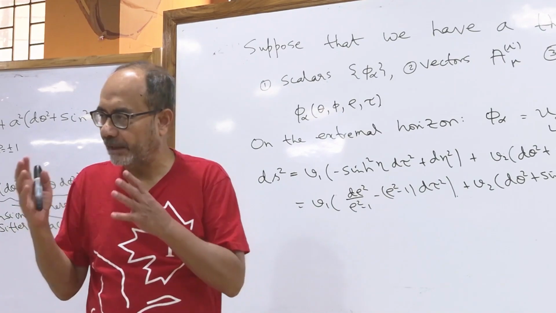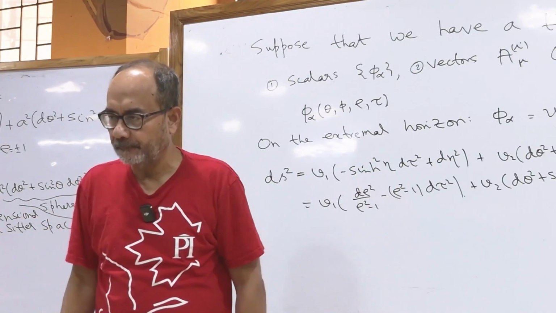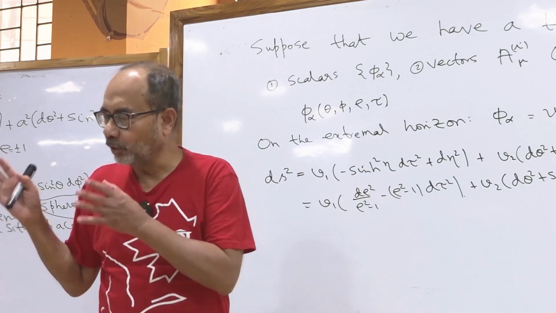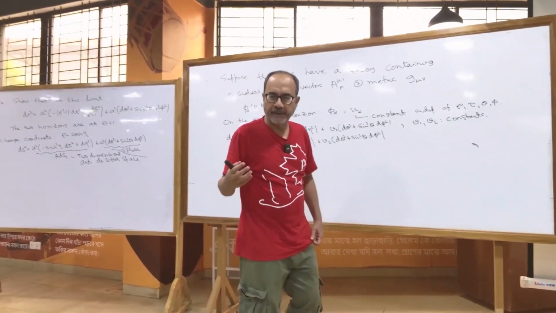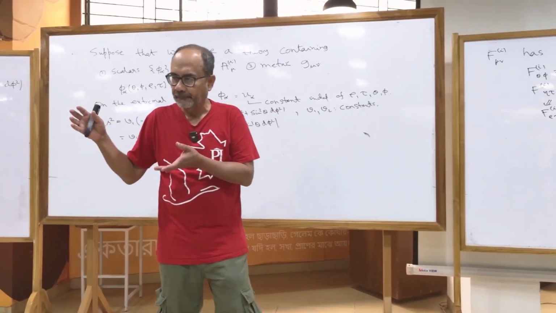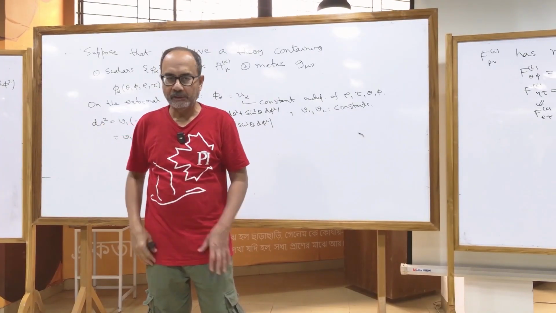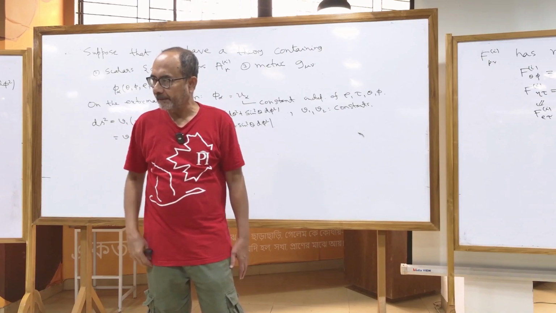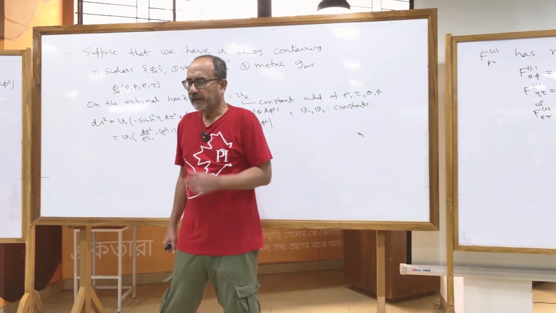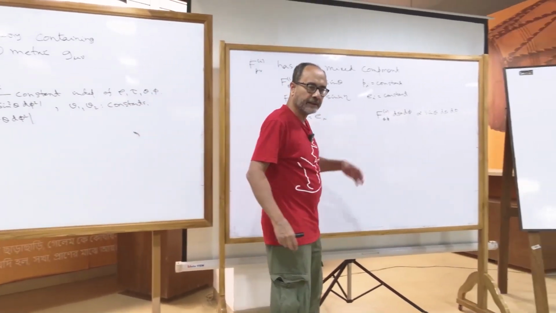That 1 minus A over R, 1 minus B over R, you got by solving the Einstein equation. So that we don't have to do in this case. In fact, once you have scalars, the problem is much more complicated because you have to not only solve Einstein's equation, but the scalar field equations also give some equation that you have to solve. And the scalars may have a different radial dependence than the metric. So we don't need any of those, because we are now looking for some constants, not functions.